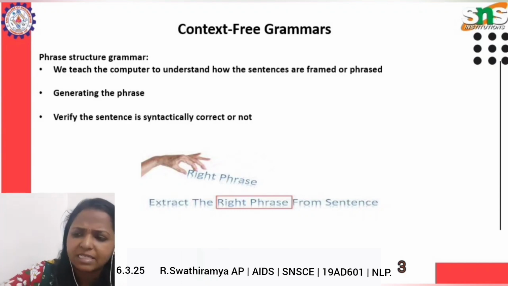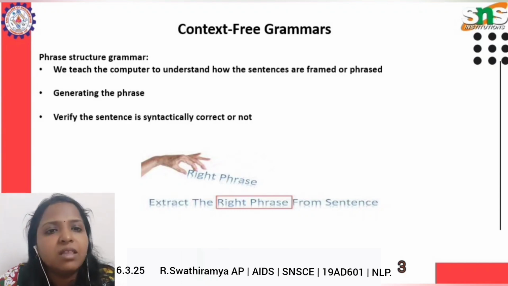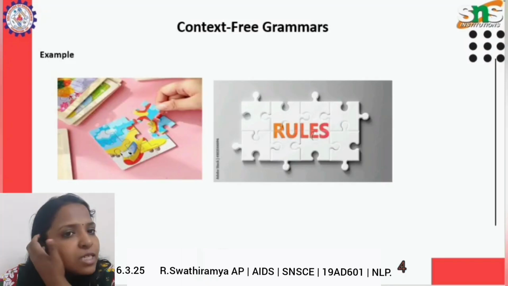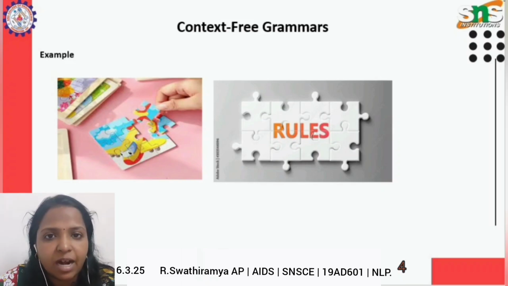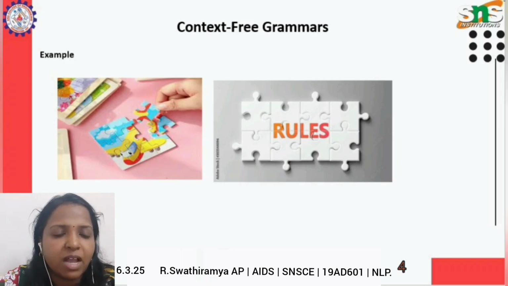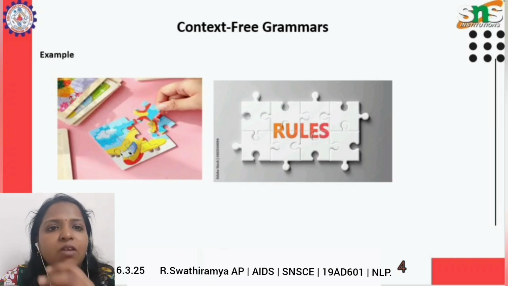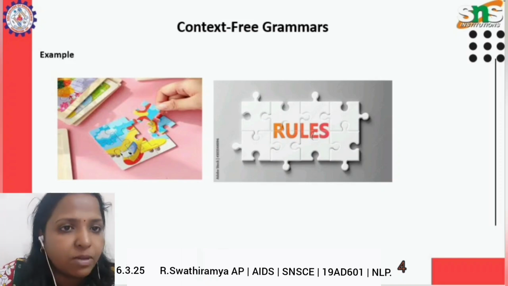Let me tell you in a very simple example what the actual purpose of CFG is. Think that you have a set of puzzles. These puzzles can be compared with a set of words. We have a set of rules and regulations, and we have 100 pieces of puzzle, different pieces. We have to put these puzzle pieces according to the rules.